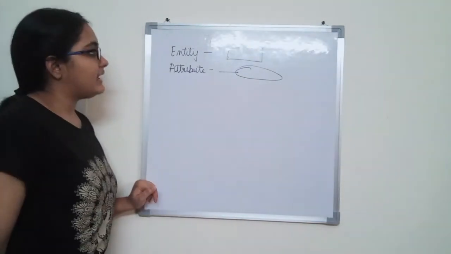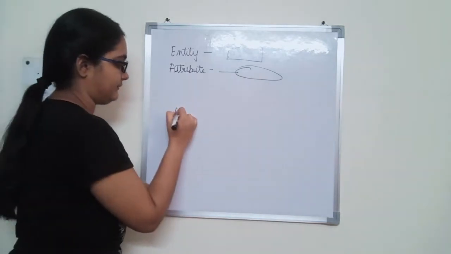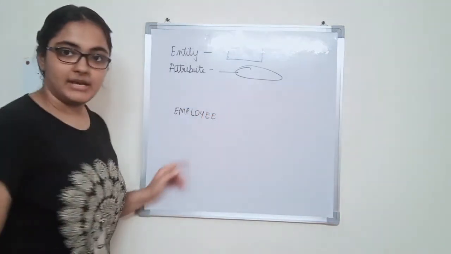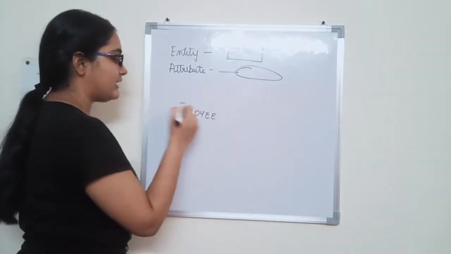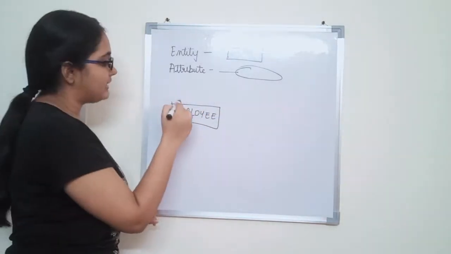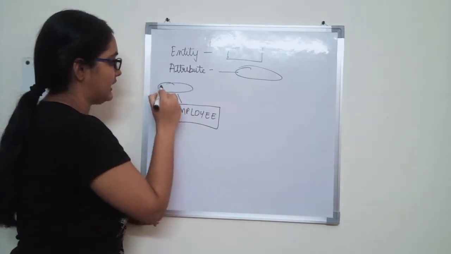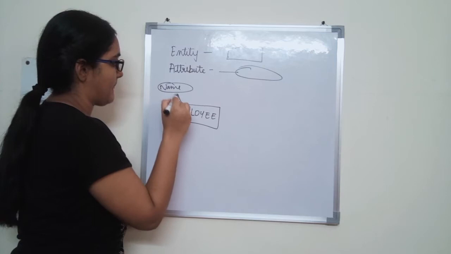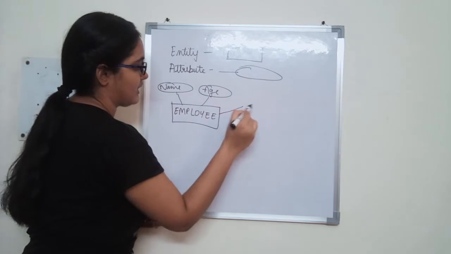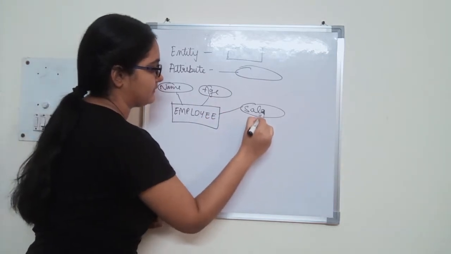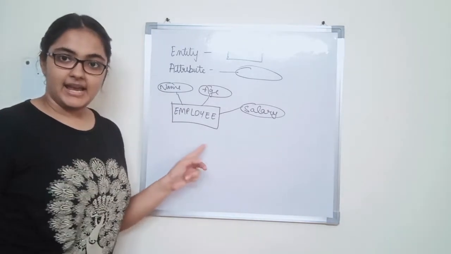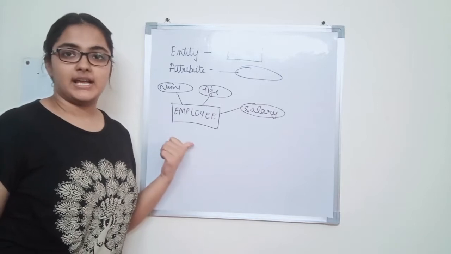Let us say we have an employee entity, and this employee entity has attributes name, age and salary. Then we will represent it in an ER model as employee, an entity with attributes name, age and salary. So this is how we represent entity and attributes in an ER model or the ER diagram.